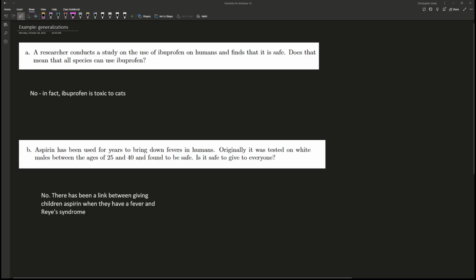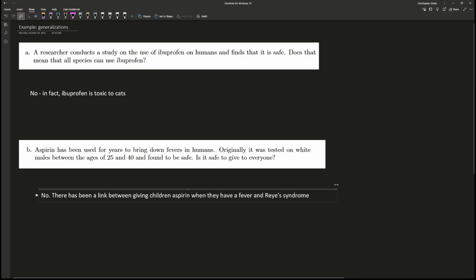So there is a possible link here between giving children aspirin when they have a fever and Reye's syndrome. All right, and this is it for section 1.4.